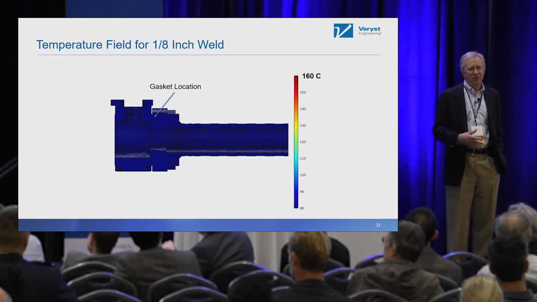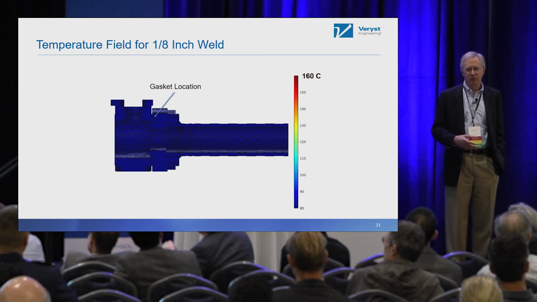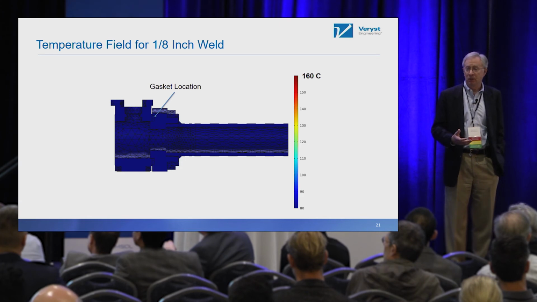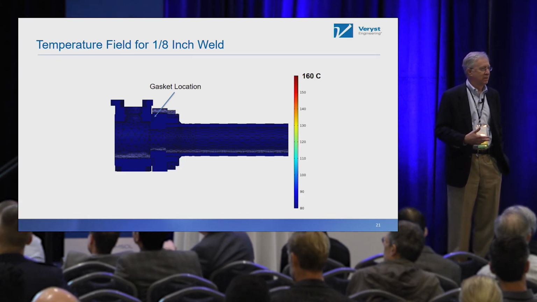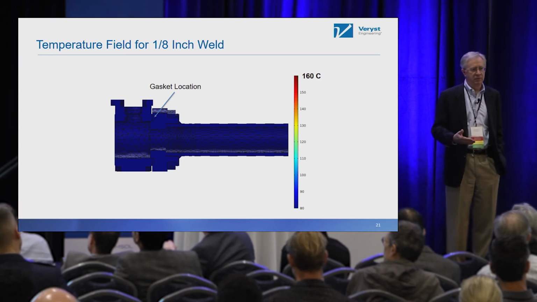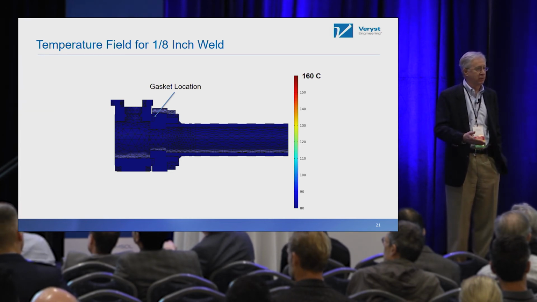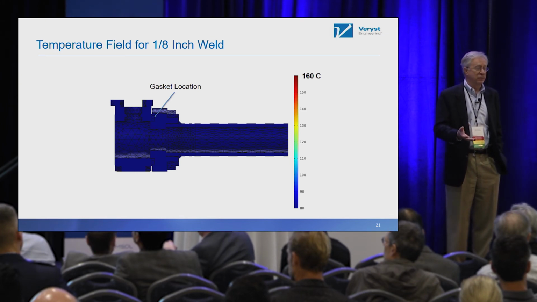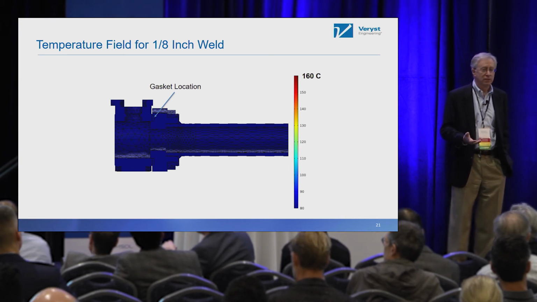Trying to do this in a different code would have taken longer. It wouldn't have given us an opportunity to give information to our client in a timely manner, because their safety organization needed an answer. There had been injuries associated with it. They weren't going to take actions until they had an explanation.